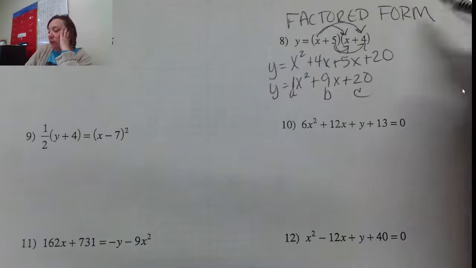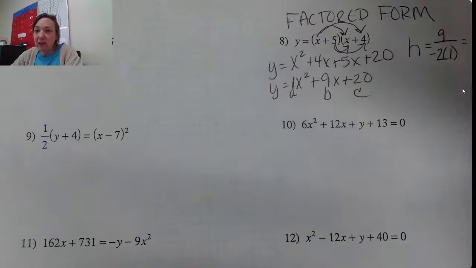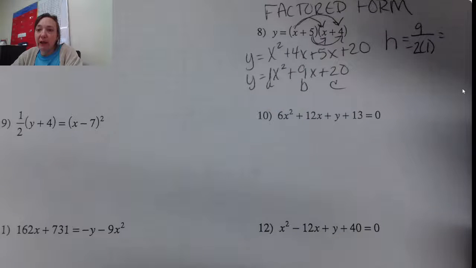So to find our vertex, remember we're going to find our h first. So 9 over negative 2 times 1, which is going to give us a decimal. What's that going to give us there? Negative 4.5.